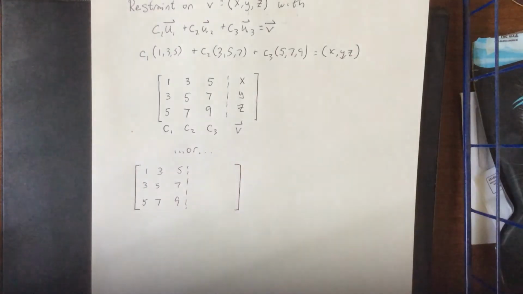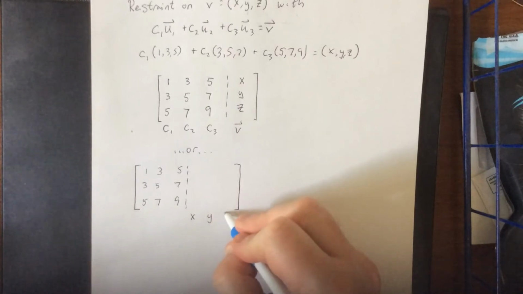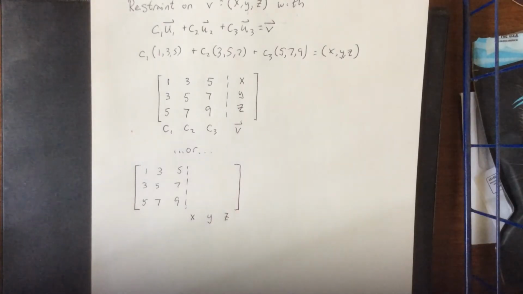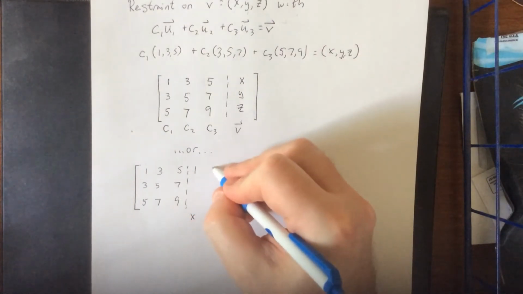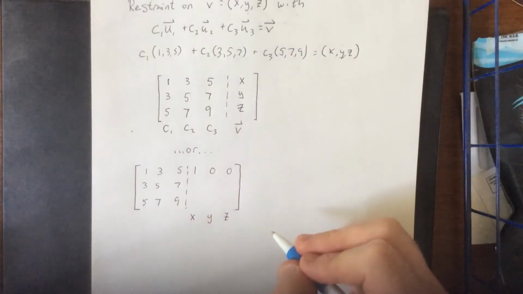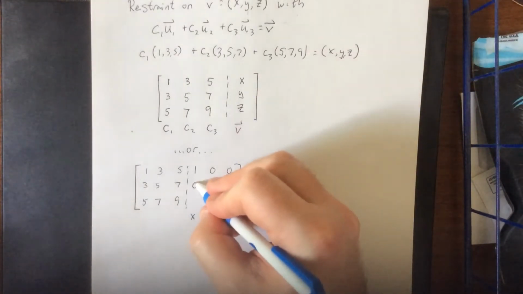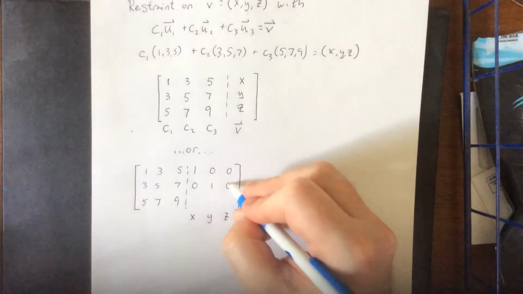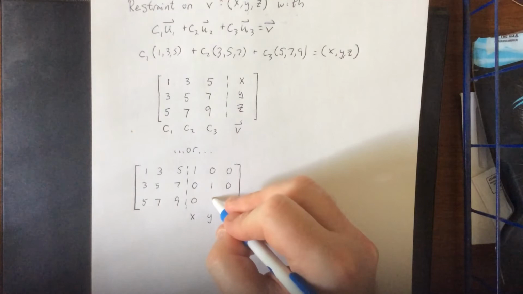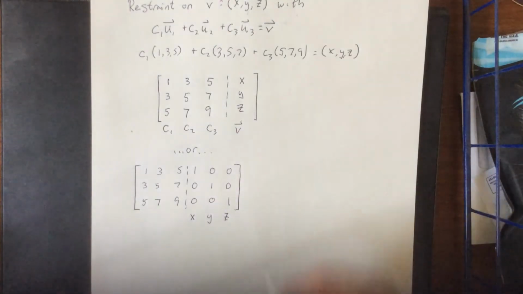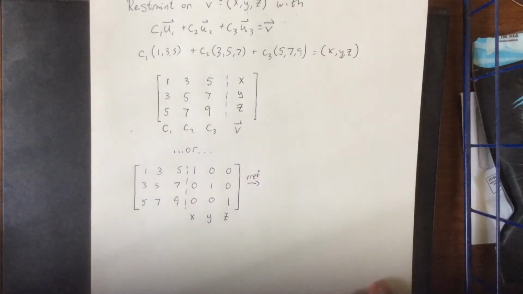So we're going to augment with a column that represents x, a column that represents y, and a column that represents z. That way, x could be interpreted as simply 1x plus 0y plus 0z. Same thing for the second row. We can interpret y as being 0x plus 1y plus 0z, and we can interpret z as being 0x plus 0y plus 1z. Then we can take this down to reduced row echelon form using a calculator.